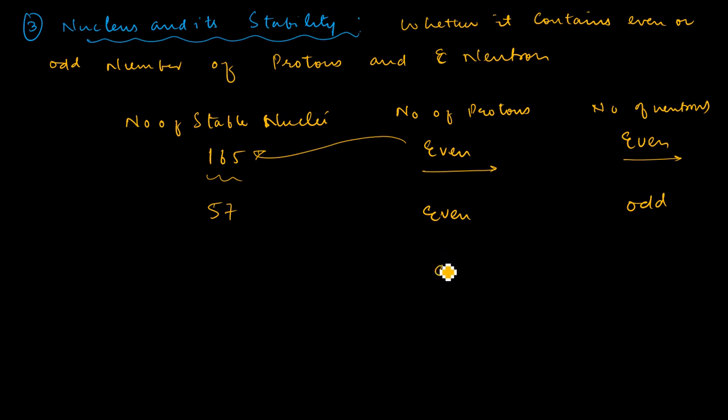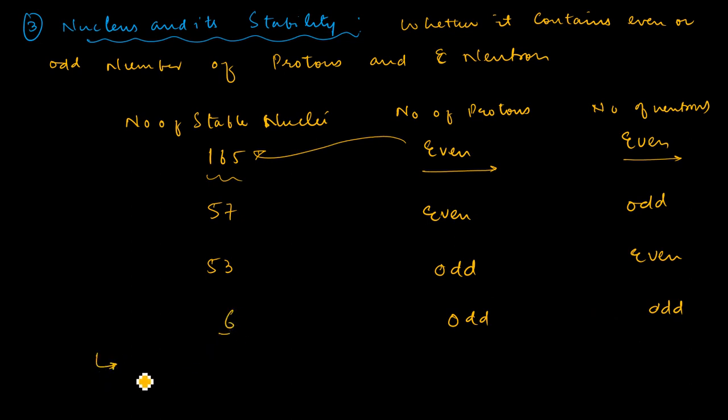And suppose if we reverse it, if the number of protons is odd and the number of neutrons is even, the stable nuclei found was only 53. Now if both are odd, the stable nuclei that was found is only 6.